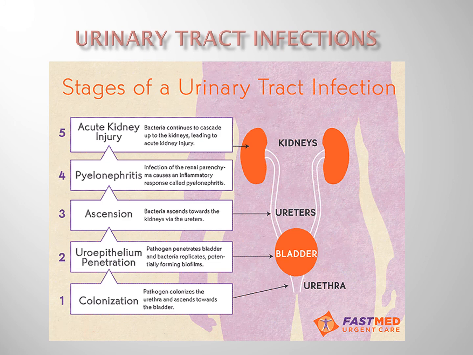Now, if the infection is able to ascend further and create a kidney infection, we call it pyelonephritis. And that's a significantly more serious urinary tract infection. So urinary tract infections are divided into lower urinary tract, which is cystitis, and upper urinary tract, which is pyelonephritis.